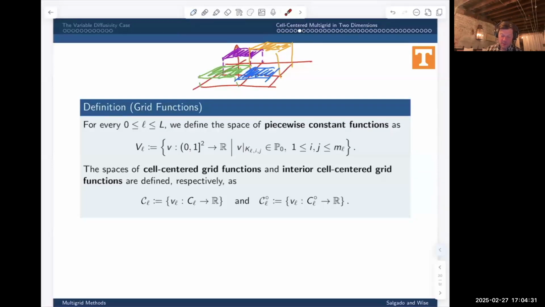All right, so that's what a piecewise constant function looks like. The way we define it is fairly simple, right? It's easier to define than it is to draw.